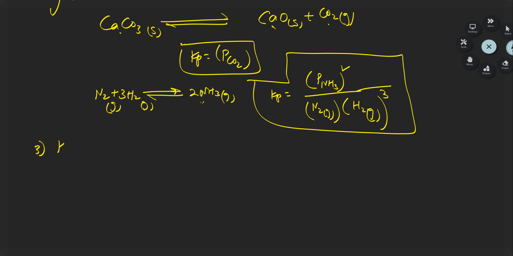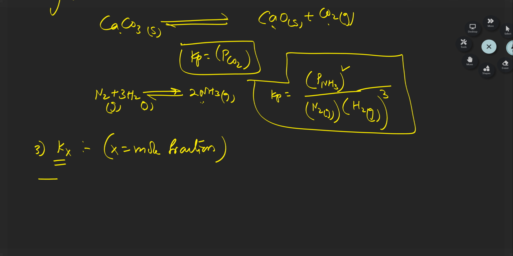The third equilibrium constant is Kx. X is nothing but mole fraction. If the active mass is expressed in terms of mole fraction, then your equilibrium constant is Kx.